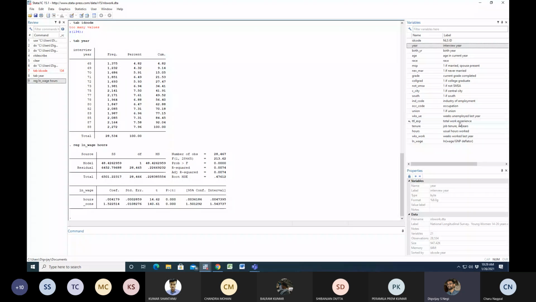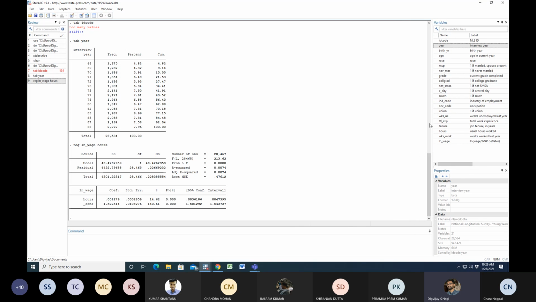Usual work hours. So a simple explanation is that you want to see whether the amount of work hours that you have in a day influences your wage rate. So if you work more, do you get more wage?